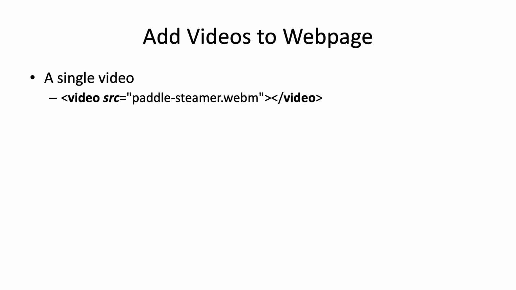Okay, and adding a video to a web page is quite simple. You just use the video tag, and you need to put the source, or where the video file is. If you remember the discussion we had earlier about URLs, this means there's a file called paddlesteamer.webm, which is located in exactly the same directory as the HTML page that contains this video element.